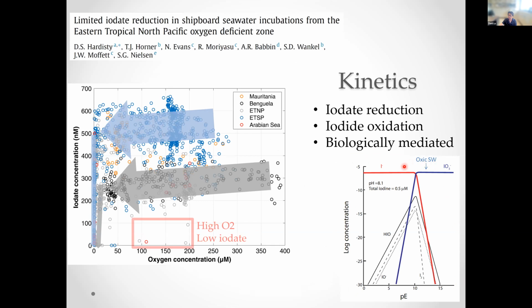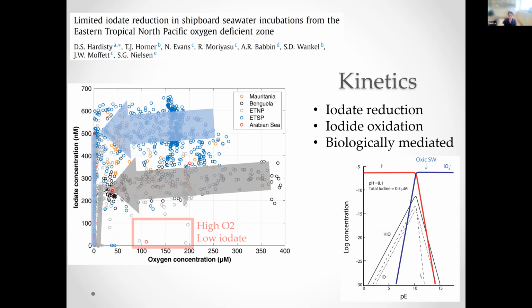As a very basic consideration, we look at thermodynamics and say iodate is dominant in oxic seawater, and iodide is dominant in anoxic water. The reality is always a little bit more complicated. If you look at a whole bunch of data collected by chemical oceanographers, generally you have a lot of scatter in the high O2 to intermediate O2 range.